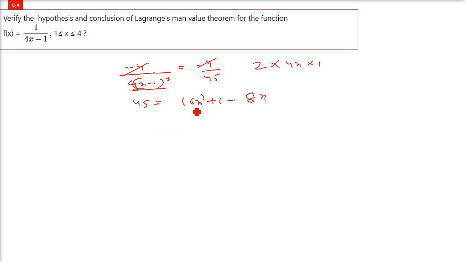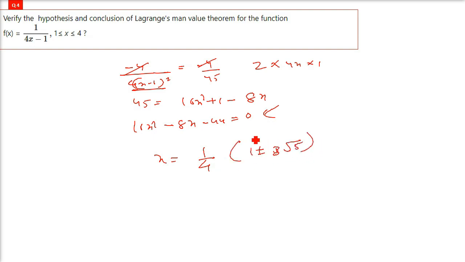When this is rearranged, this will be a quadratic equation. And if you are able to solve this quadratic equation normally, it will be really good. I'm not going to solve it. I'm just going to tell you the value, because quadratic equation solving is, I think, a piece of cake for you. This is going to come x as, and we have already done this.